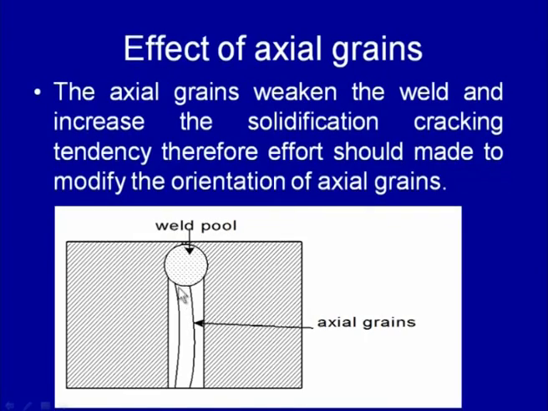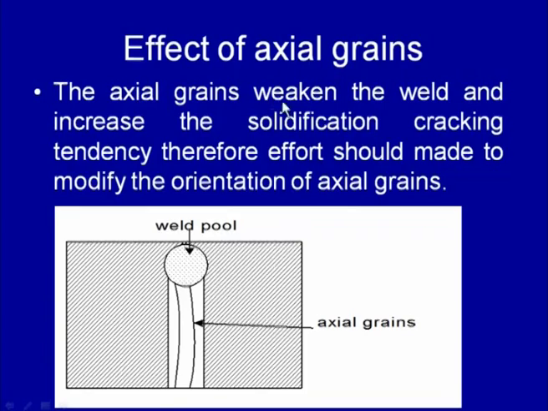So, we can say this is the weld pool, and the grains which are growing lengthwise are axial grains, and the grains which will be growing perpendicular to the fusion boundary, which has been of the base metal which has been melted, will be developing the columnar grain structure.